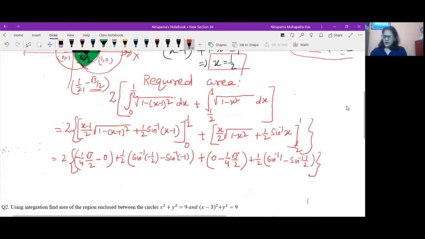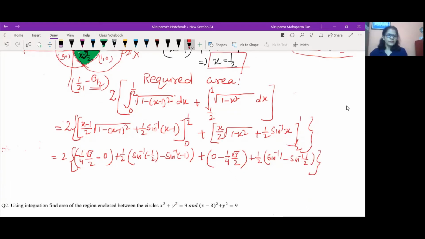Okay, so we are nearer to getting the answer. So this is equal to twice of, you are getting here minus root 3 by 8, plus half of sine inverse of minus half, that is minus sine inverse of half, that is sine pi by 6, sine 30 degree, 1 by 2. So minus pi by 6. Then here plus pi by 2, right?